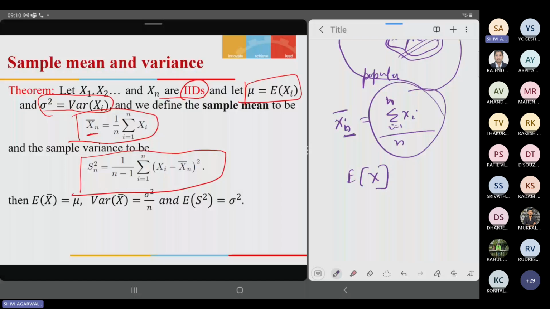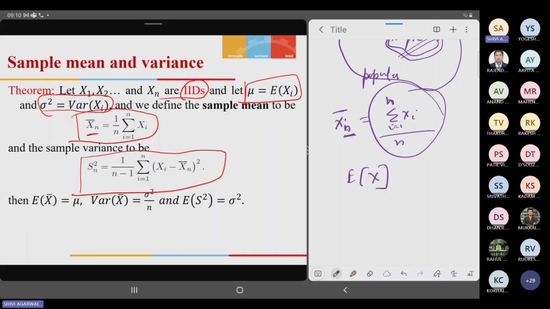So now we have two parts, population and sample, both having a mean, and both mean values are different here. So we are saying that the expected value of X is known as the population mean, and X bar denotes the sample mean. Correct.